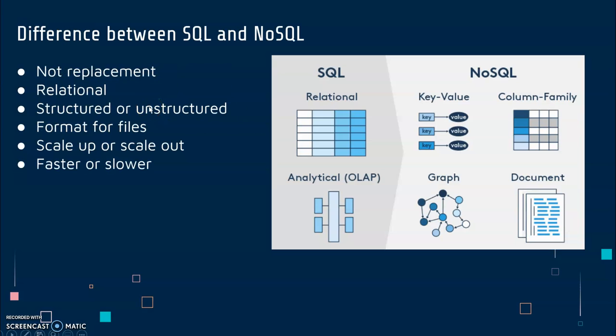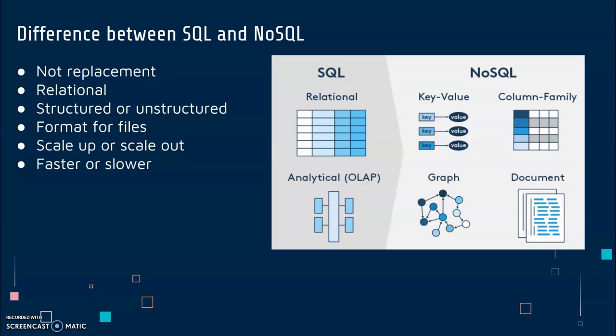The first one is NoSQL is not a replacement for RDBMS. Second, SQL databases are relational, NoSQL databases are non-relational. The third one is SQL databases use structured query language and have a predefined schema. NoSQL databases have dynamic schemas for unstructured data.